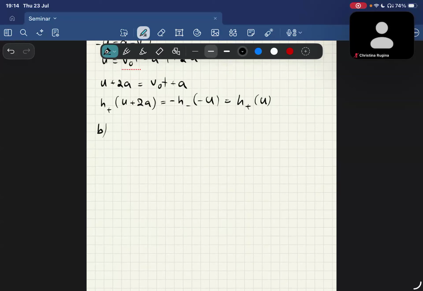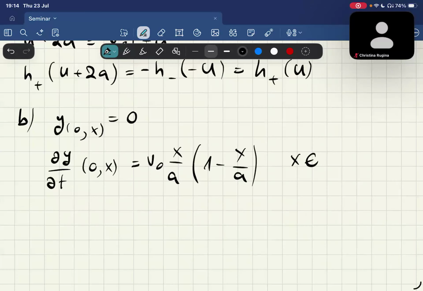At t equals 0, the transverse displacement is identically 0, which means y of 0, x is equal to 0. So let's write it down. And also the velocity initially at 0, x is equal to v0 x over a multiplied by 1 minus x over a, where x is on the string.